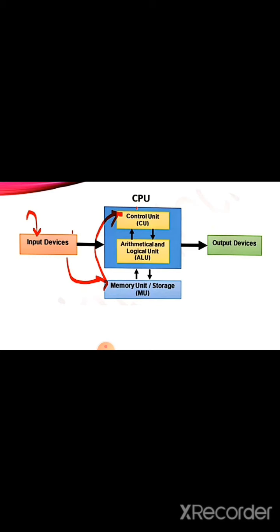When the CU gets the result, it sends the result to the output devices as well as the computer memory. So it is a complete IPO cycle with the machine cycle.